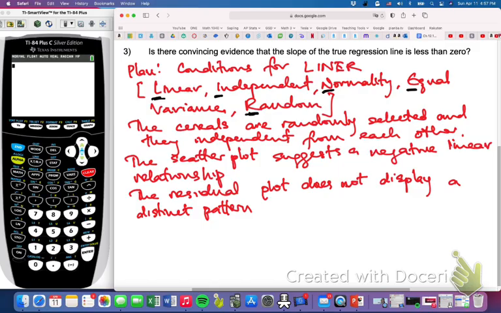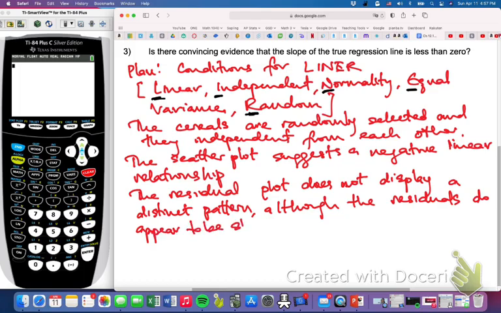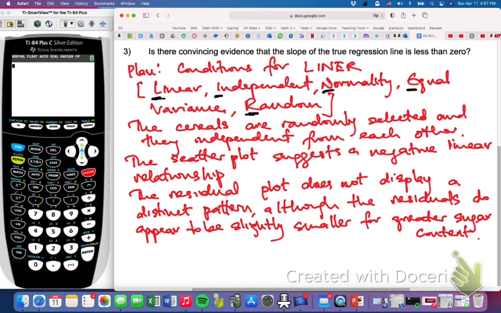So that's what we use the residual plot for, to satisfy the equal variance condition. So it says the residual plot does not display a distinct pattern. However, some students might argue that, hey, the residuals do appear to be slightly smaller for larger sugar content. You can put it down and there's nothing wrong, all right?